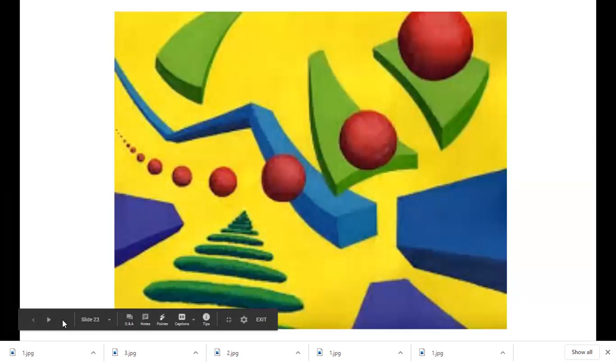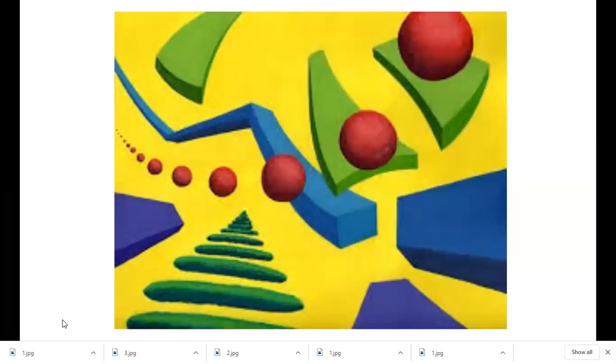Last piece of artwork is not really a real place at all, but there's still a sense of depth here. So can you take a look and see what the artist did to create a sense of depth? So I have overlap. Those red balls are overlapping the green shapes or the green forms and the blue form.